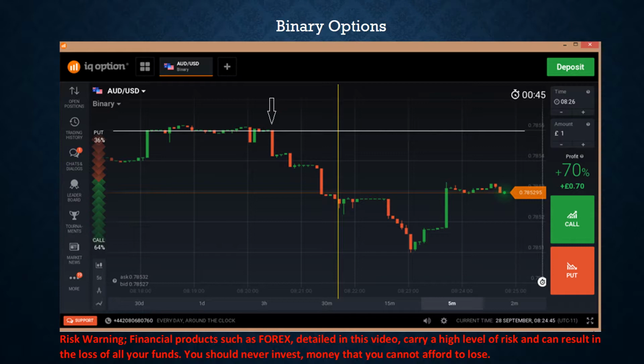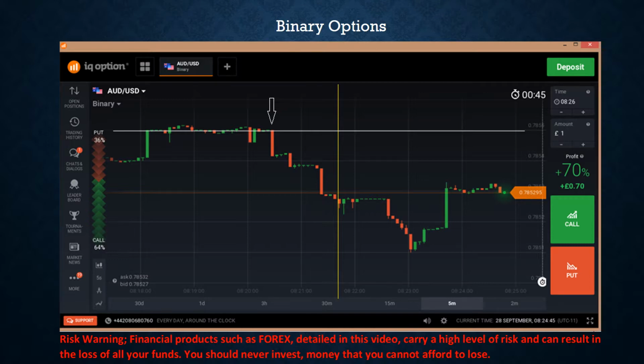So if you chose the right option, so call or put, you get the £1 back, plus you get 70%, so 70 pence back. So it's great in the sense that you know how much you're going to get back upon a successful trade. However, if the market moves against you, you lose the full stake of the £1.